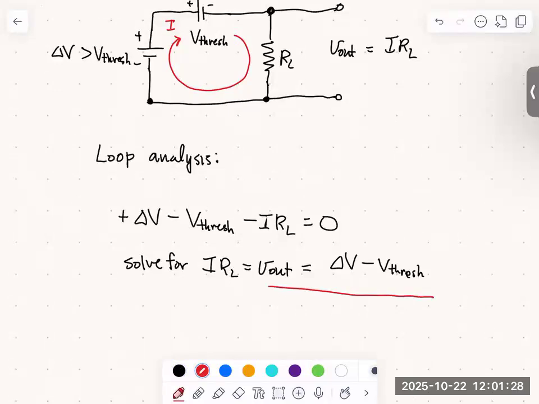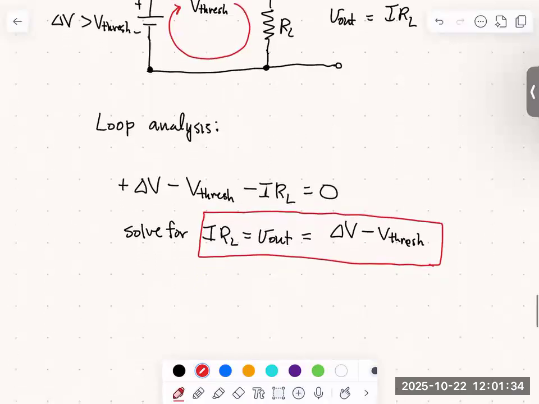So that's the one-way valve action of the diode. In one case, it allows no current. In the other case, it allows current to flow, but there's a little cost. We have to consume V threshold to overcome this barrier that's needed to open the gate of the diode.